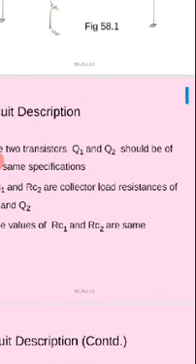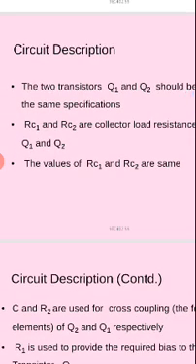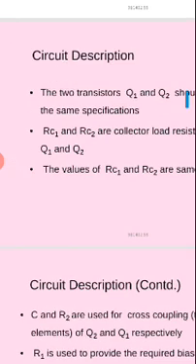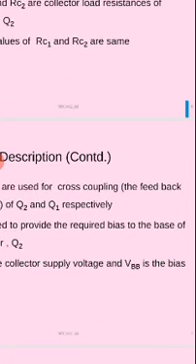The values of RC1 and RC2 are same. C and R2 are used for cross coupling.